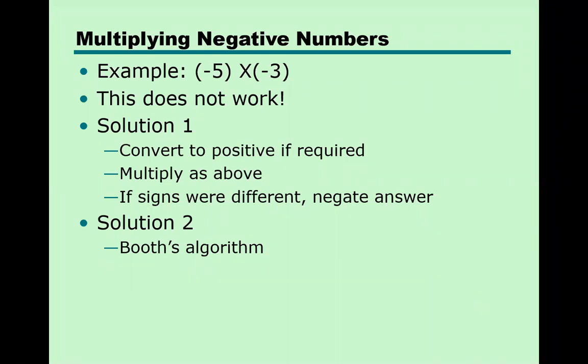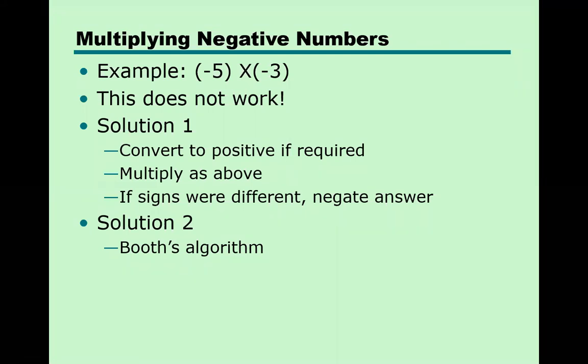First, you have to convert both numbers into positive numbers. Then multiply the numbers as in the previous technique. And then if the signs were different, one minus and the other plus, we have to negate the answer.